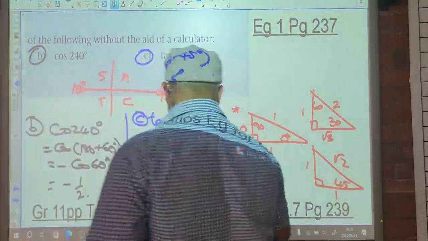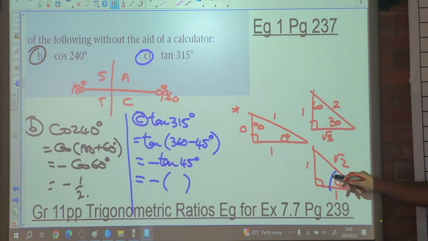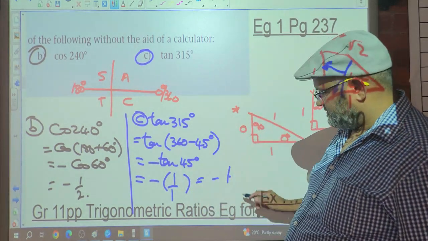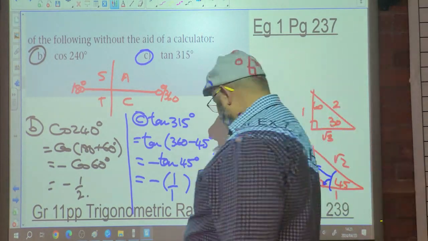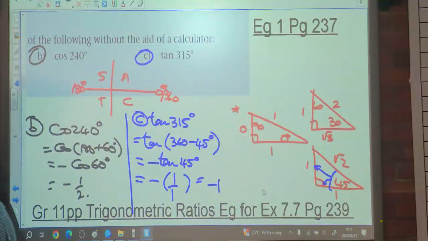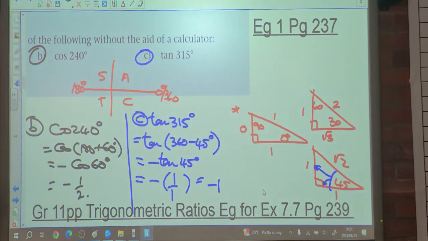Now, tan of 45 is what? What does tan stand for? Opposite over adjacent. So it's going to be 1 over 1, so that answer is simply negative 1. Any confusion, any questions?